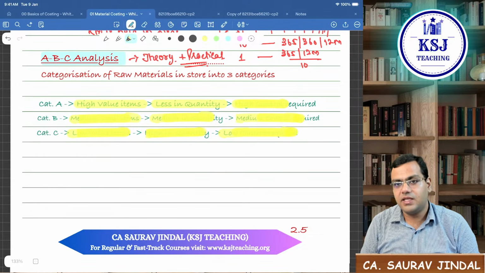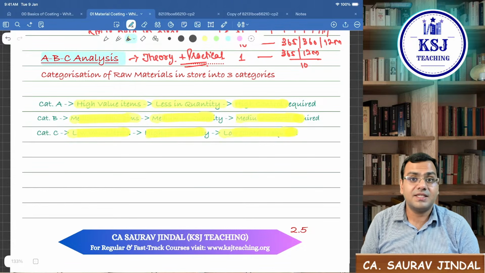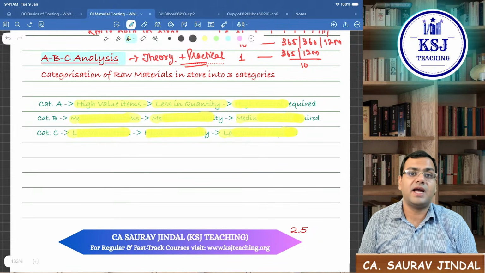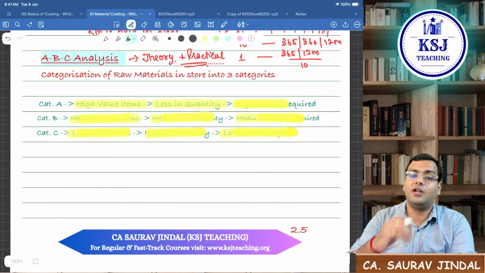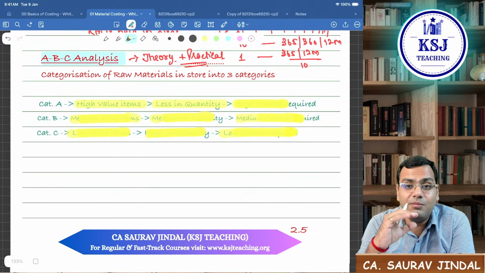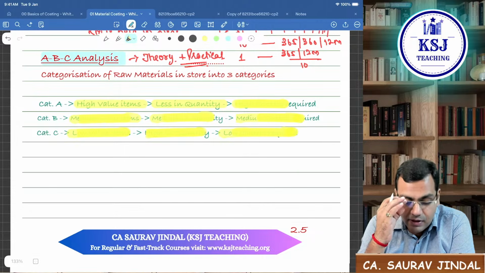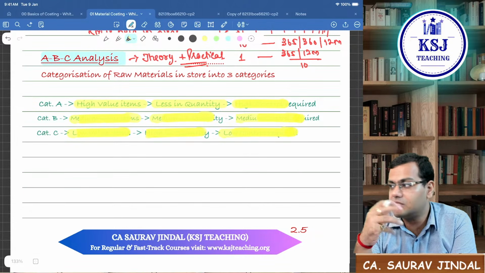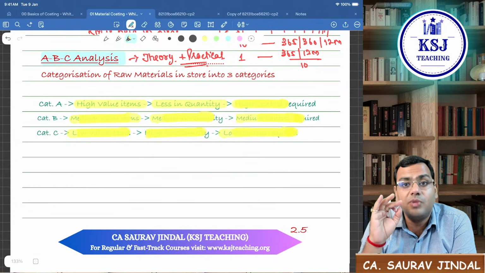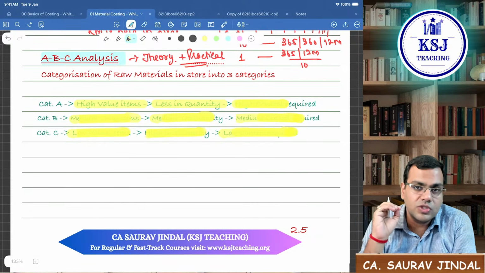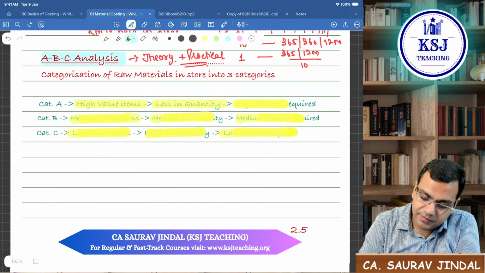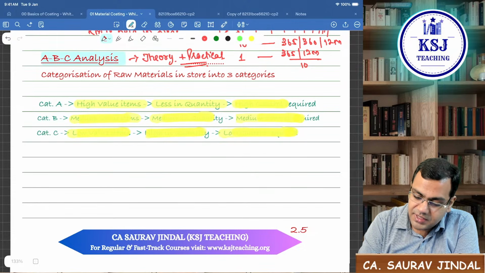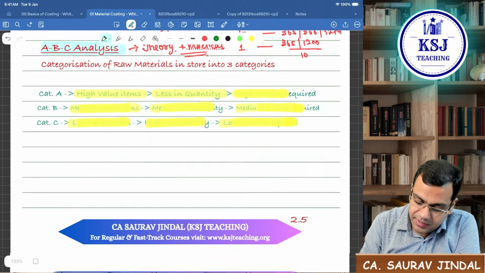Now, one thing you have to remember: whether this categorization is to be done on the basis of value or on the basis of quantity. Why is more control required? Because of the high value or because of the quantity? Sir, it is because of the value. So ABC analysis is to be done on the basis of value.